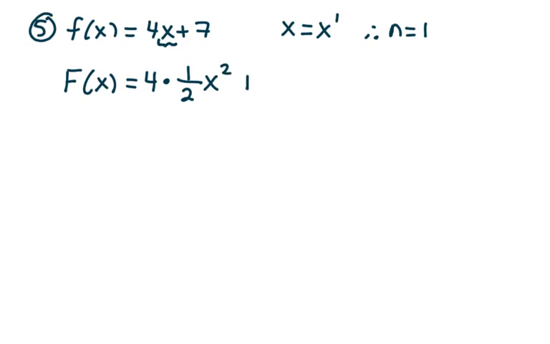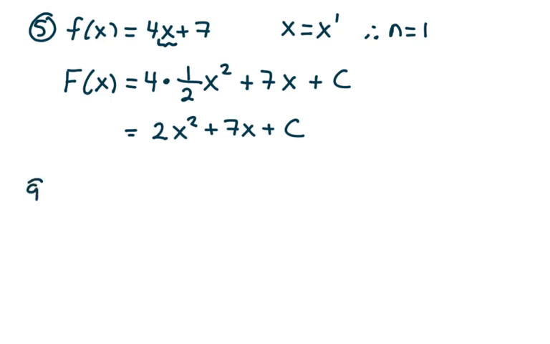And then I'm going to add 7x, right? Because the derivative of x is 1, so the derivative of 7x is 7. And then I add c. So this is 2x squared plus 7x plus c. That's it. That's problem 5.